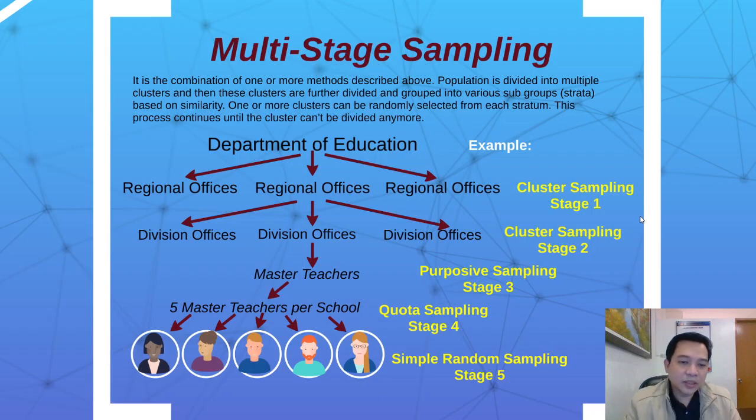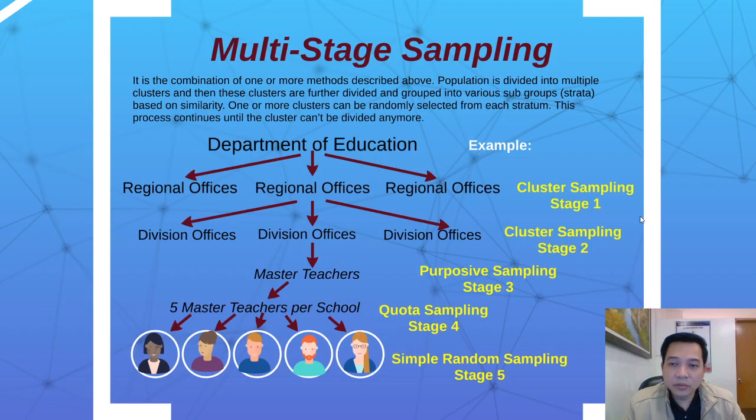So, for example, your study is about master teachers on their new normal education and teaching and learning styles. So you wanted to look at master teachers. Your multi-stage sampling might start on a national perspective or a regional perspective.